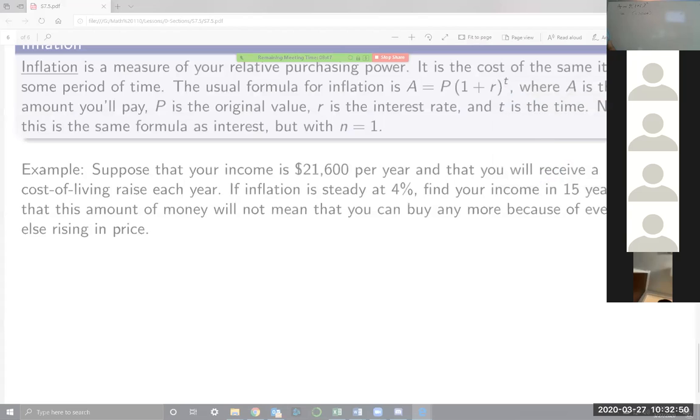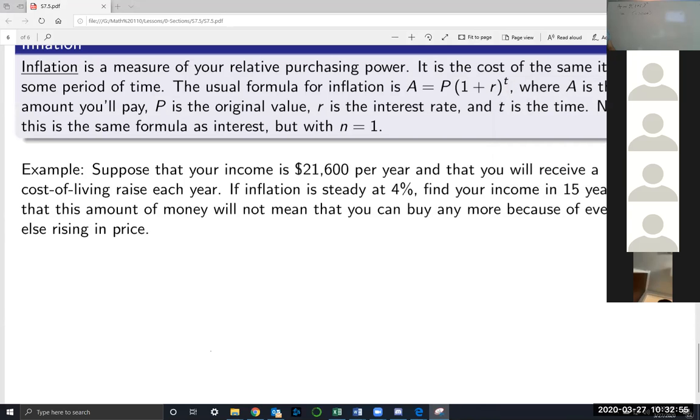Now what is P? P is 21,600, because that's the starting amount. Then T will be 15. And T is 15.